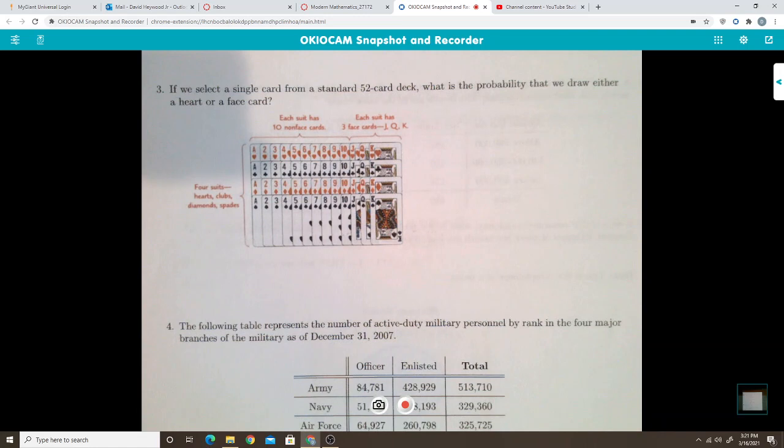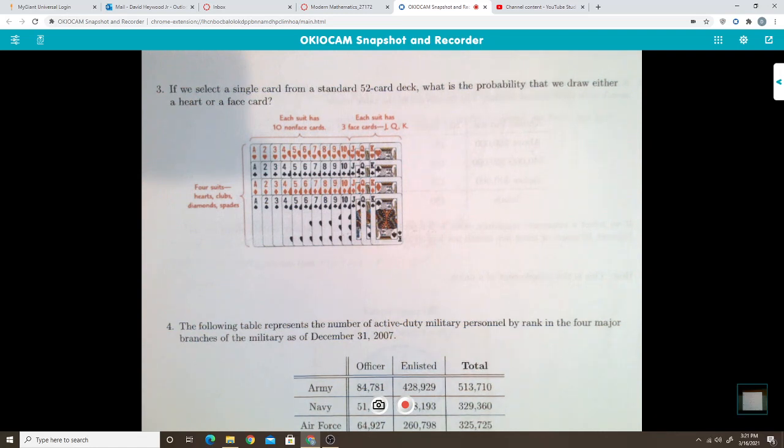So here we've got our standard deck of cards again. It says, if we select a single card from a standard 52 card deck, what is the probability that we draw either a heart or a face card? So either a heart or a face card.